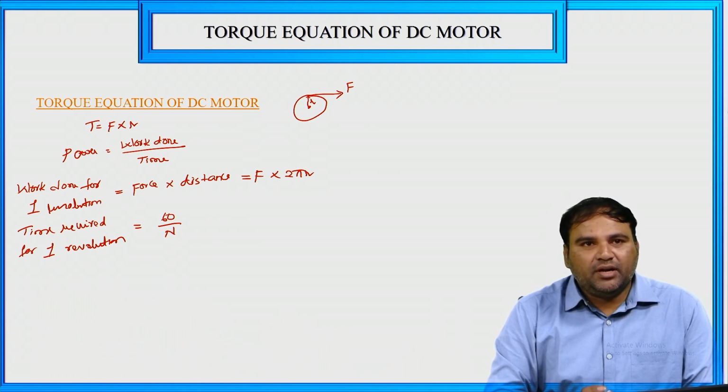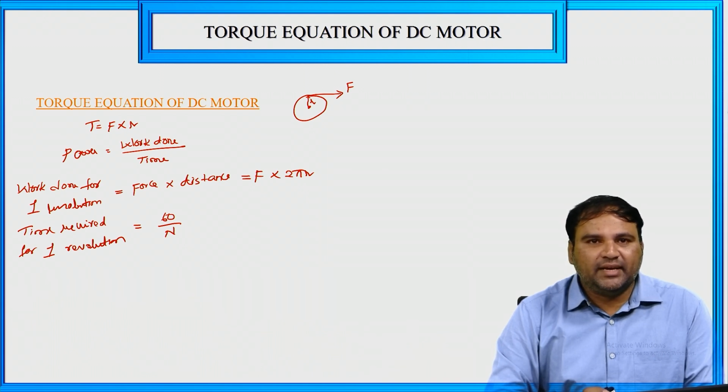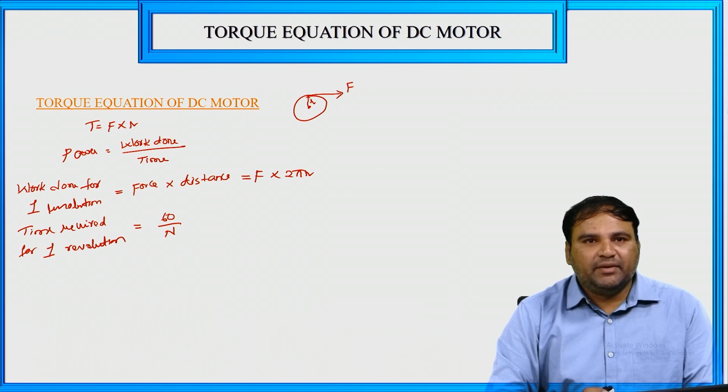It is the product of force and radius. After that we discussed the power. Power is nothing but work done with respect to time. Work done for one revolution is force into distance traveled by the conductor, that is F into 2 pi r, and the time required for one revolution is equal to 60 divided by n.